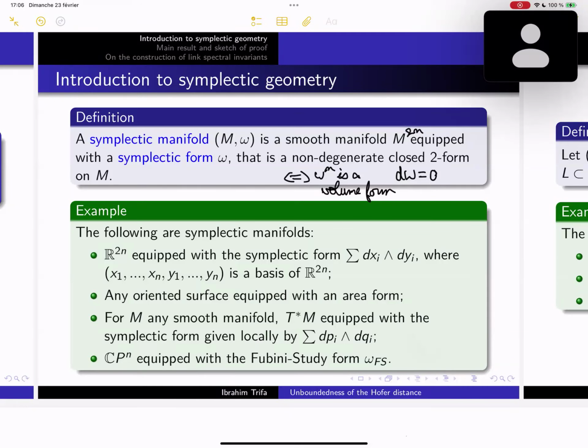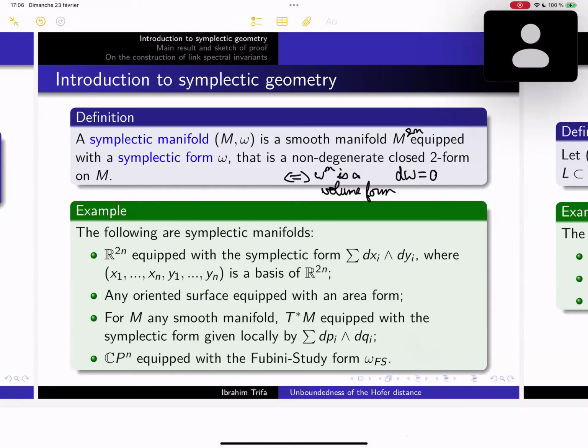This example is the most standard one, as one can prove that any symplectic manifold is locally isomorphic to this one. So you can find charts in which the symplectic form becomes this one.